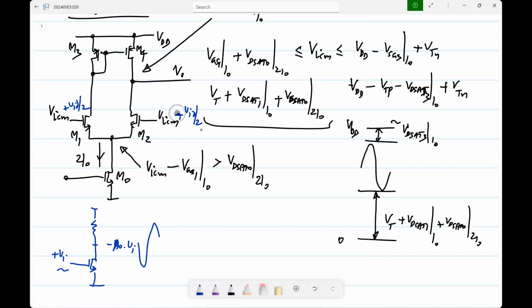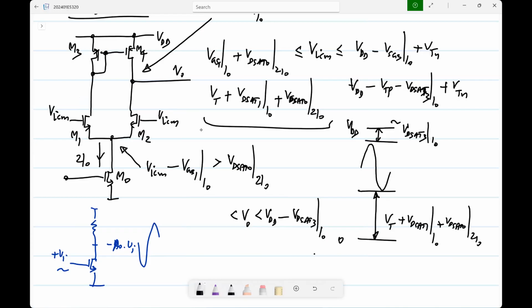So what is the swing limit on the output? On the upper side, it is VDD minus VDsat3 at a current of I0, and on the lower side, if the gate is fixed, what can happen to the drain?